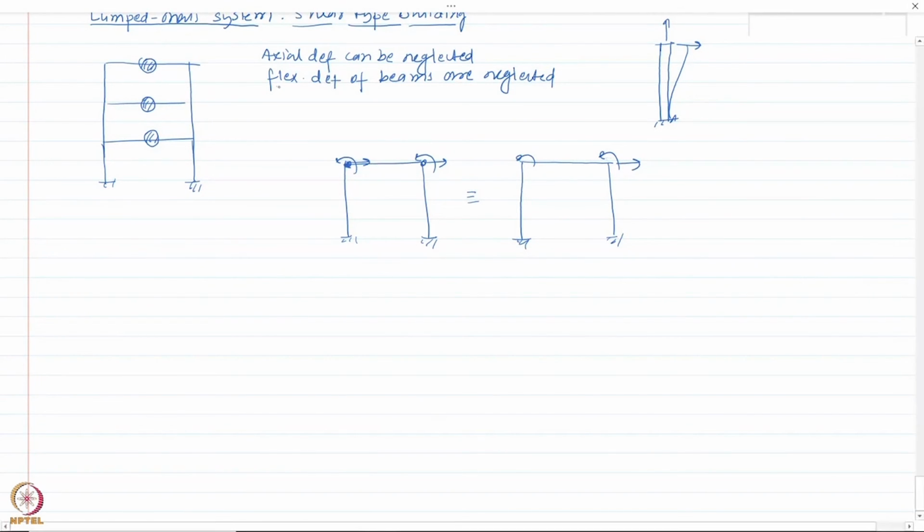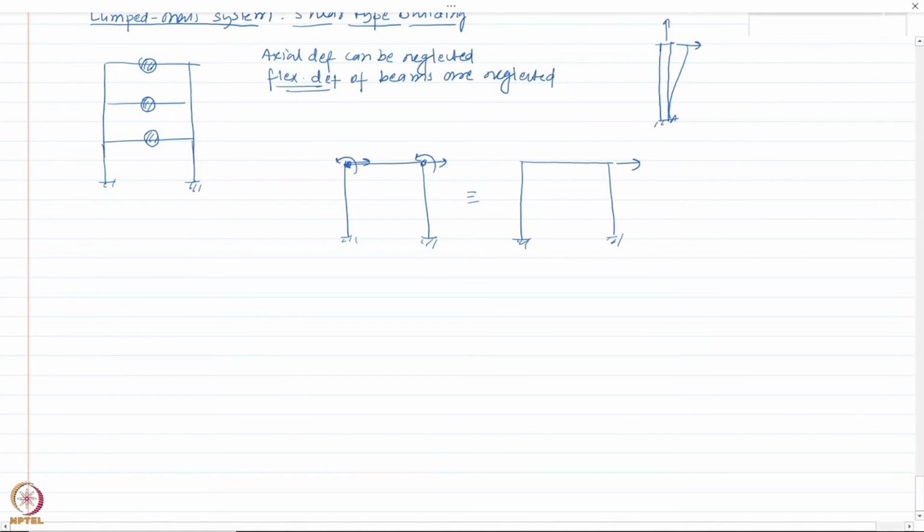But if I assume that the flexure deformation of the beams can be neglected, which is a reasonable assumption if you consider a fixed column of a structure in which you have a slab at each floor level, so that the beams are connected to the slab and it provides very high rigidity to the beam, then these flexure deformations can be neglected.